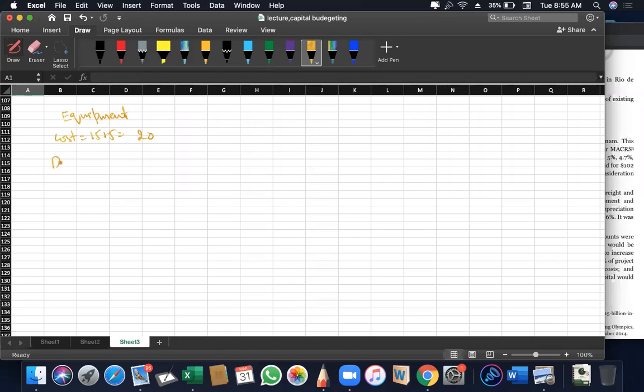So again, we have to write depreciation rates, and here we write depreciation expenses, the time frame 1, 2, 3, 4, 5, and here it is 6.